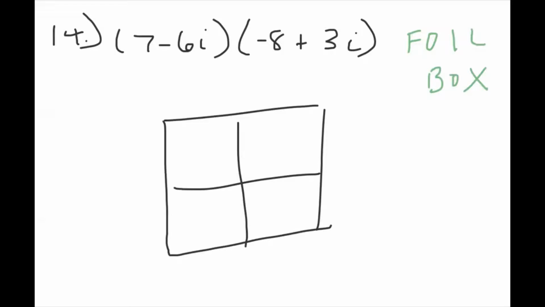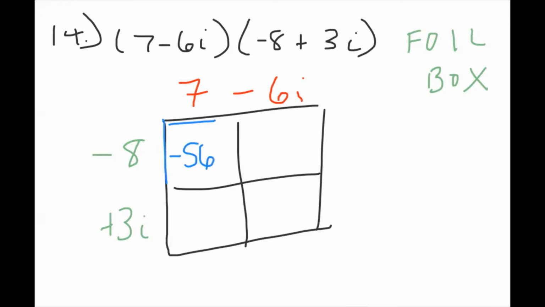So for my box, I'm going to put across the top that first number, 7 minus 6i, and then going down the side, I'm going to have -8 plus 3i. Remember that when you're solving in the box, you're multiplying the side lengths. So 7 times -8 gives me a -56.